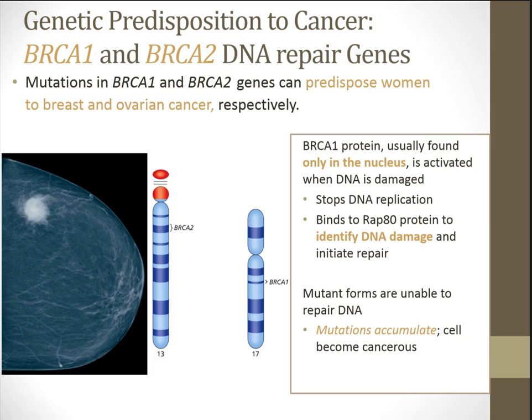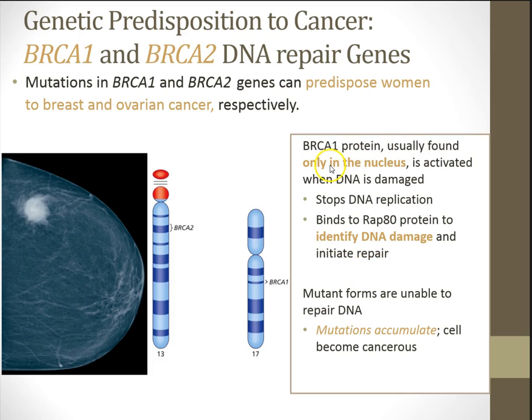Two classic examples of DNA repair genes are the BRCA1 and BRCA2 genes. Mutations in these genes are what predispose women to breast and ovarian cancer, respectively. Specifically, we now know that BRCA is usually only found in the nucleus, which gives us a clue to its function dealing with DNA. It stops DNA replication as it binds to this protein called RAP80. The RAP80 protein identifies DNA damage and initiates its repair.